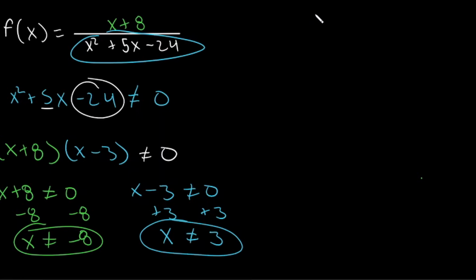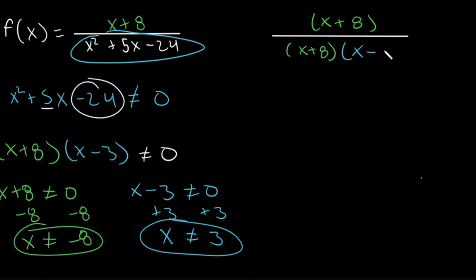Now you may have noticed that we had an x plus 8 in our numerator, and we also had an x plus 8 in our denominator, and we multiplied that by x minus 3.